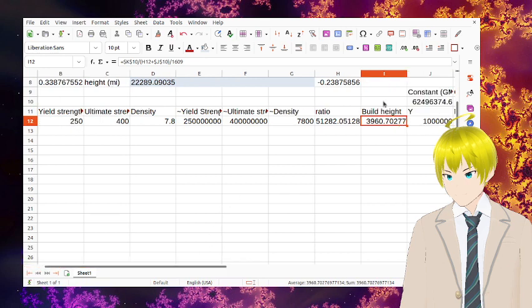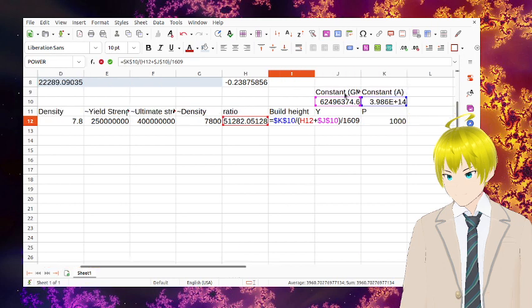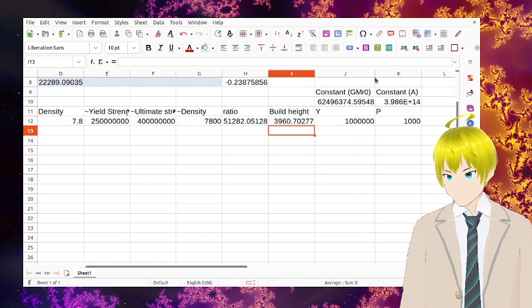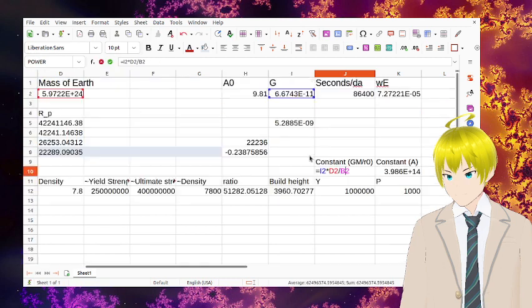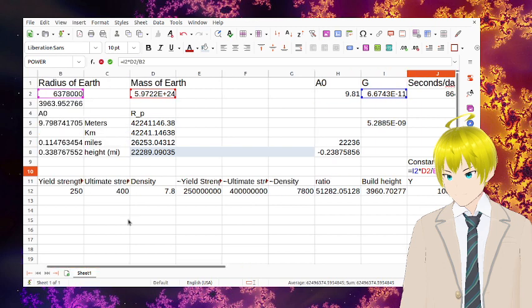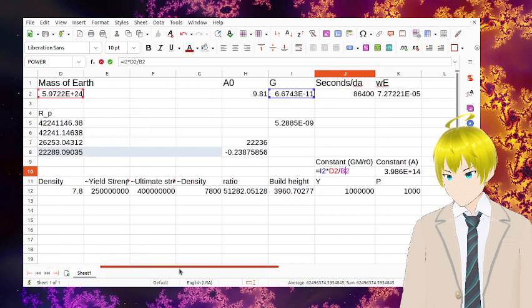Let's make sure that the formula is correct. It's going to be this constant here, which is, let's widen this, GM R squared. It shouldn't be GM over R naught. Is that correct? GM over R naught. Yeah, it's correct.